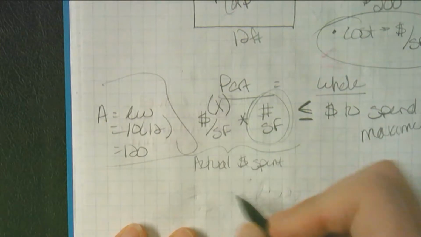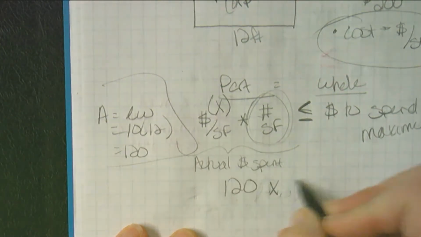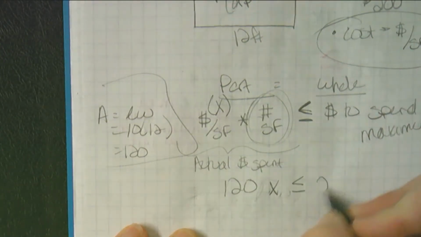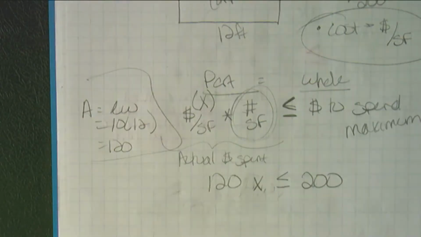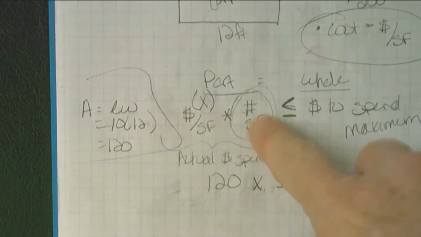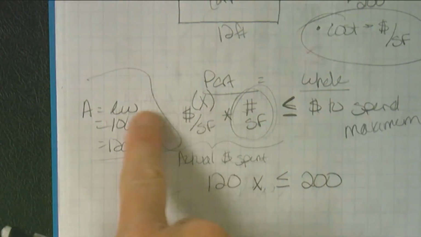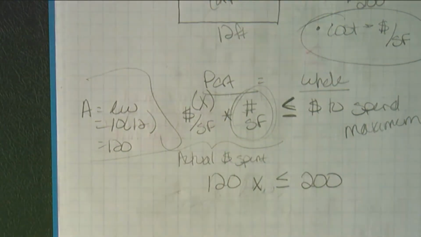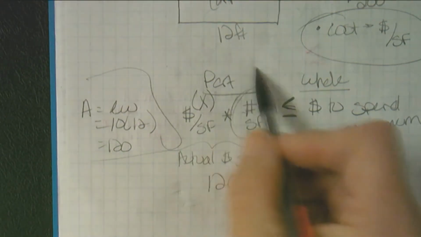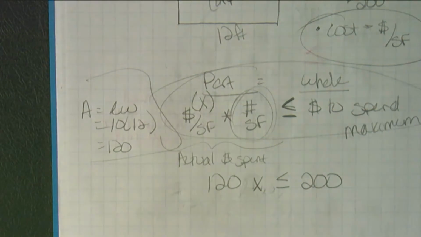So we end up with 120 times x is less than or equal to 200. If you want to do that formula right inside this game plan, that's fine with me. But here is my entire game plan of how to solve that.